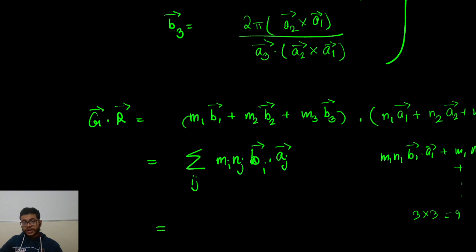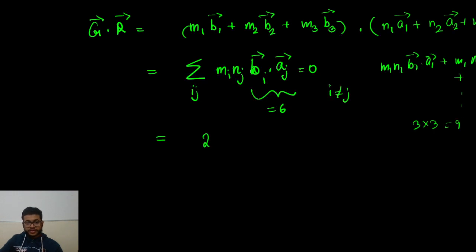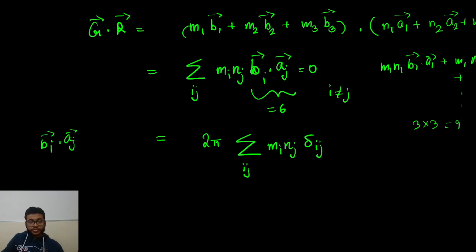But out of the 9 terms, 6 terms will have i not equal to j, so bi dot aj will be 0. So what do we get? 2 pi summation over i, j of Mi Nj delta ij, because we already discussed that bi dot aj equals 2 pi delta ij. If i and j are different, it becomes 0.